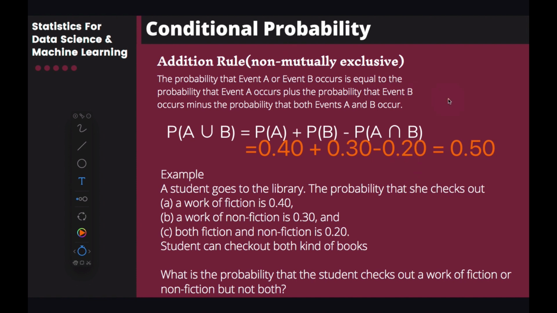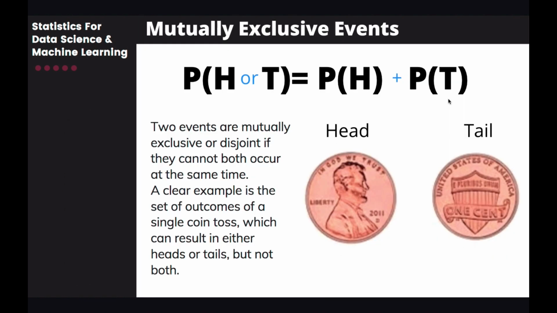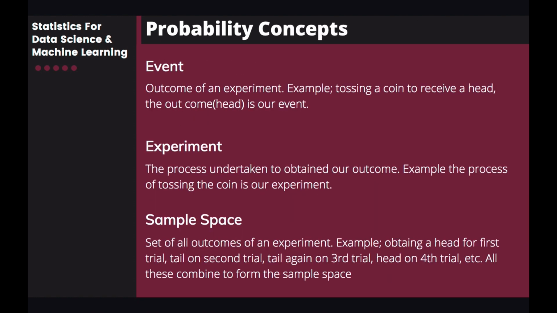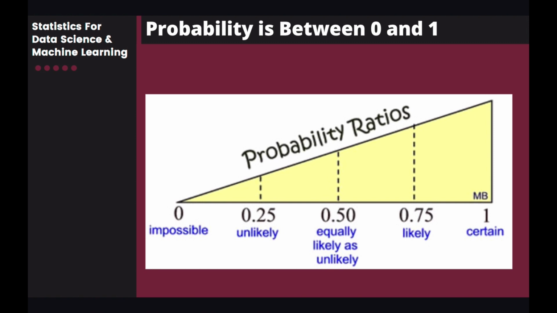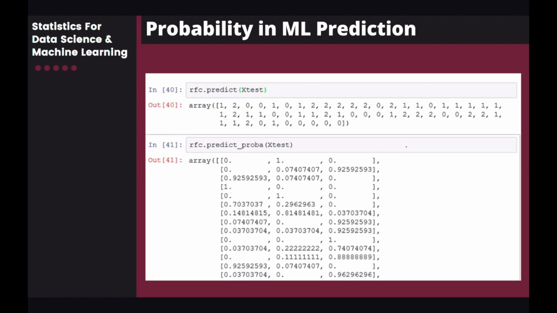All right, so I hope you have an understanding of these concepts that we have discussed so far, right from why we need probability, and then the various concepts that you need to understand, and also the range of probability, the expression of probability, and also you have seen a sample of using probability in machine learning, which we are going to do a lot when we get to the machine learning class.